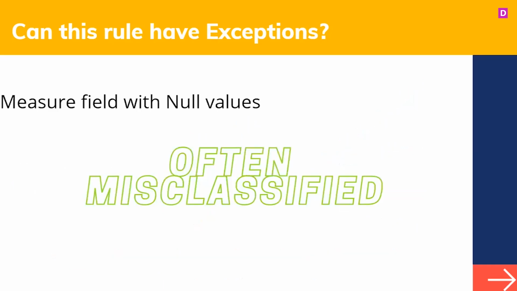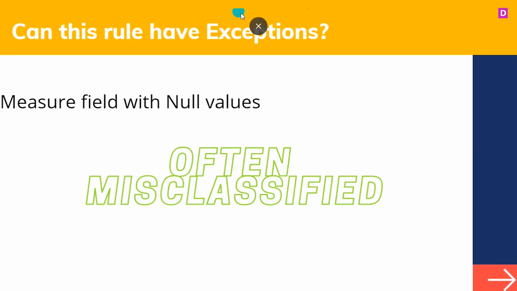Okay, so this is one way a misclassification could happen. And another way is, see, there is always a possibility that Tableau is going to misclassify the fields, whenever you have a field that should be a measure, and that field is actually having a null.